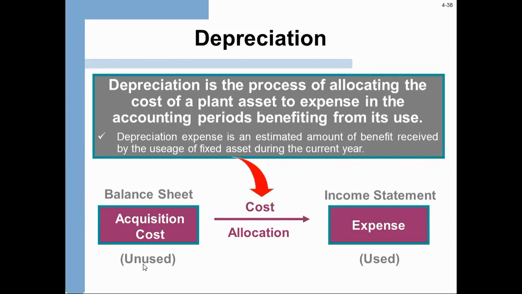Slowly we take out the cost and put it in the income statement, and the amount which we take out from the balance sheet is equal to the amount we used the asset in a particular year. So the systematic allocation of the cost of the plant over its useful life is called depreciation.